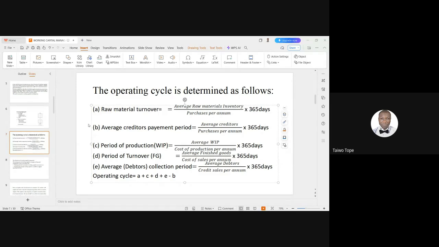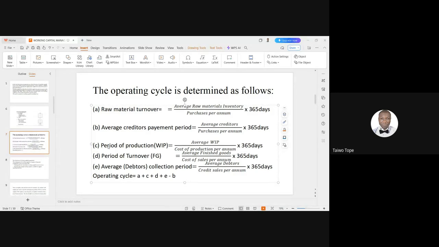Madam, raw material turnover is an item of what? Current asset. Fine. Average creditors payment period is an item of what? Current liabilities. Fine.